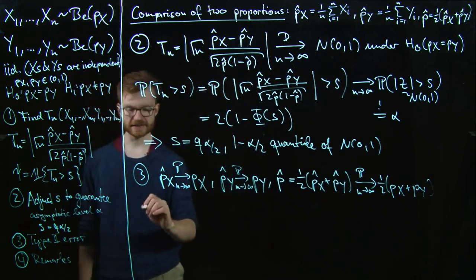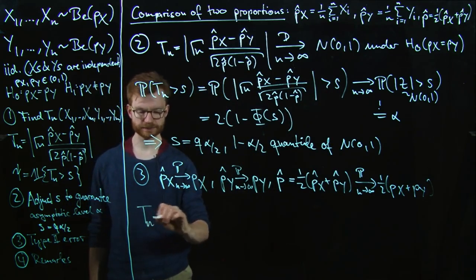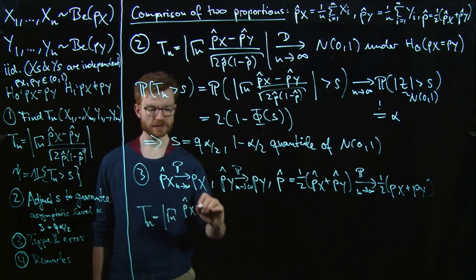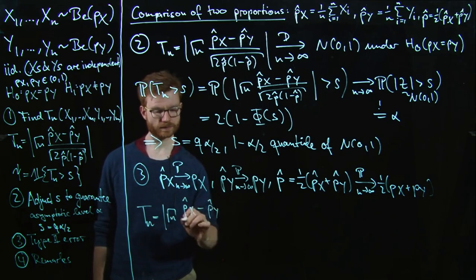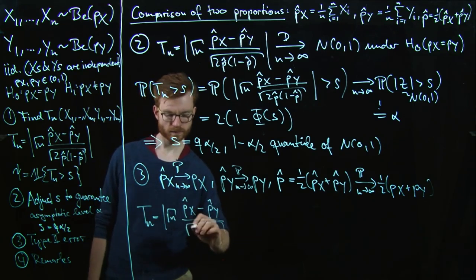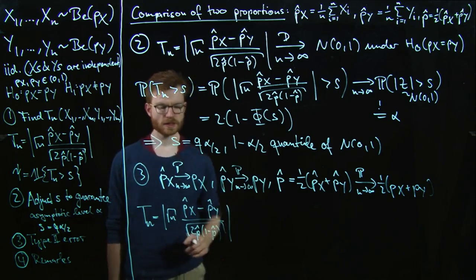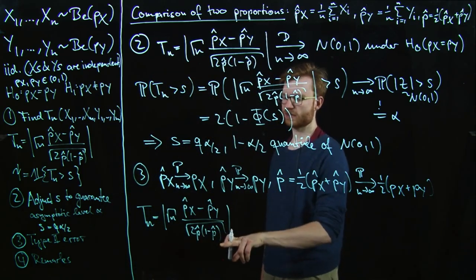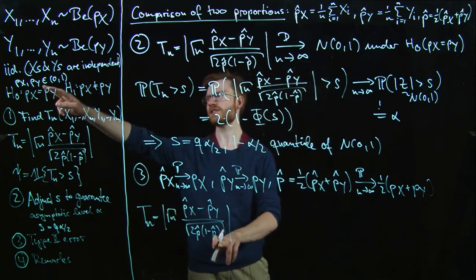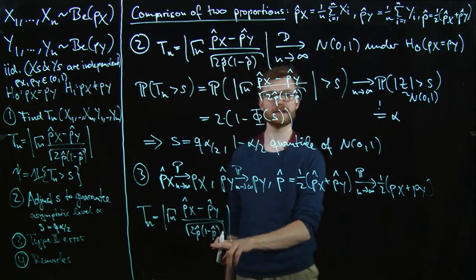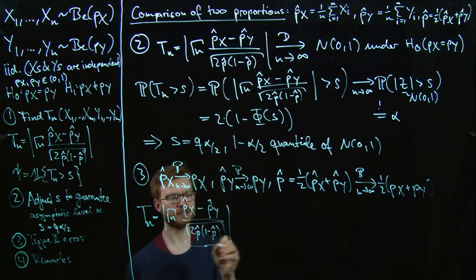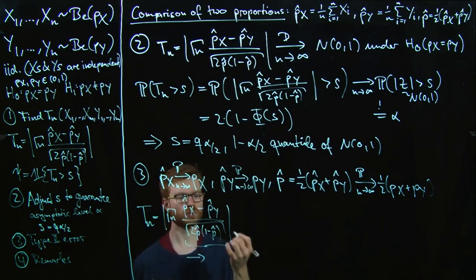So that means that Tn, if I write it out, looks like this. That means I have a quantity in the denominator that, under our assumptions that actually the probabilities are strictly between 0 and 1, then this whole quantity here in the denominator goes to some number.